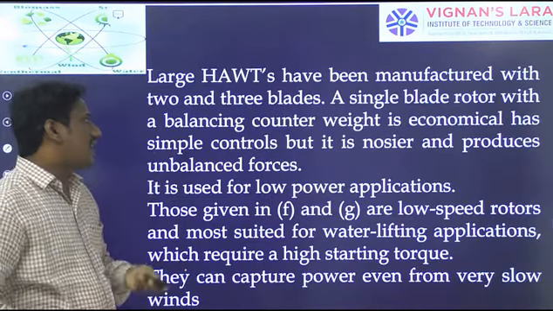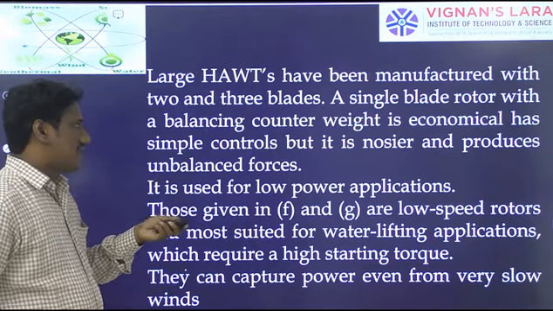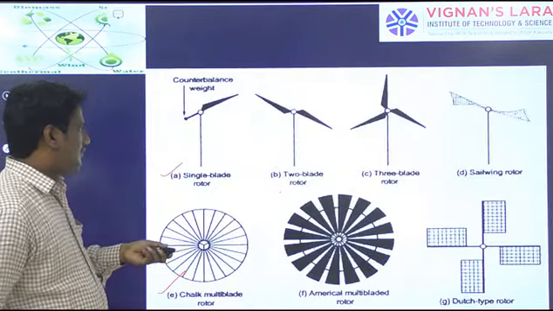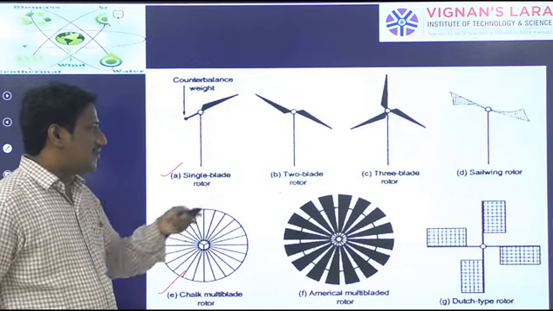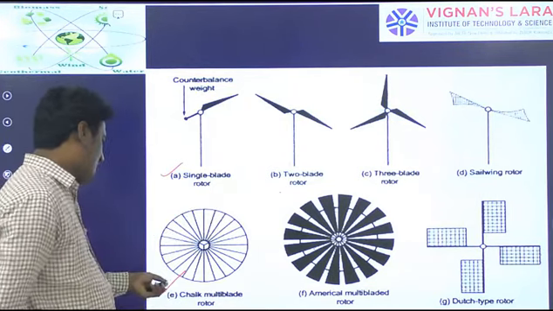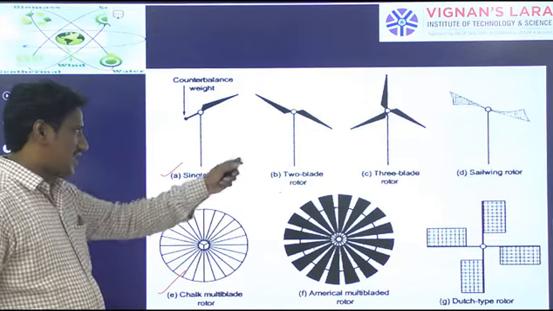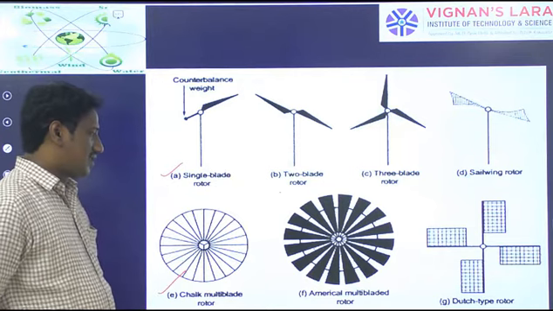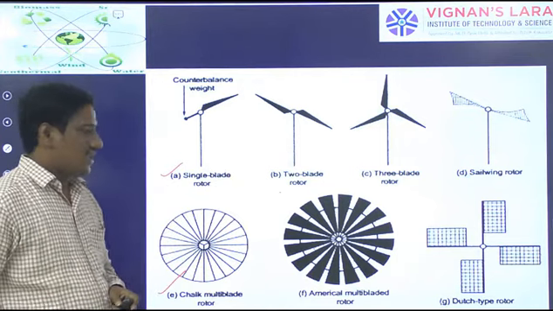Large horizontal axis wind turbines have been manufactured with 2 and 3 blades. You can observe the single blade rotor, 2 blade rotor, 3 blade rotor, sail wing rotor, and multi-blade rotor. Many types of rotors are available, and these high-speed rotors can be used for power generation.